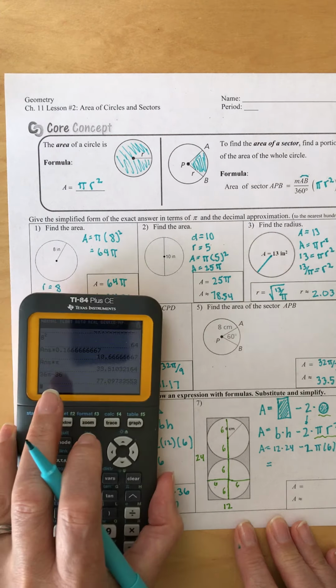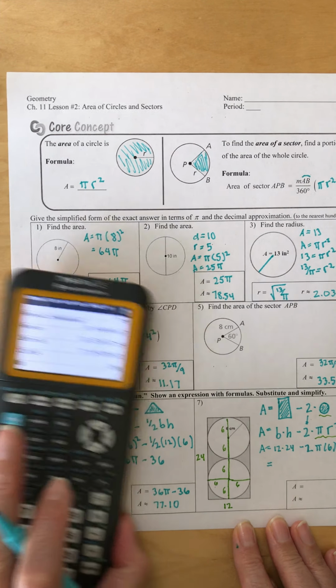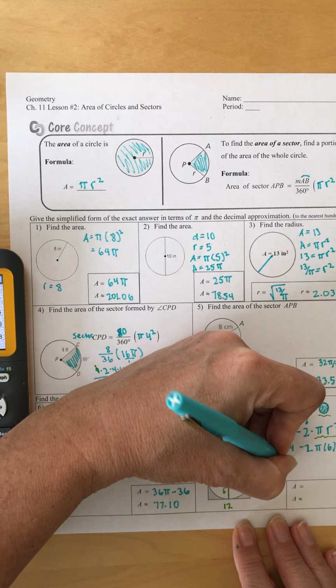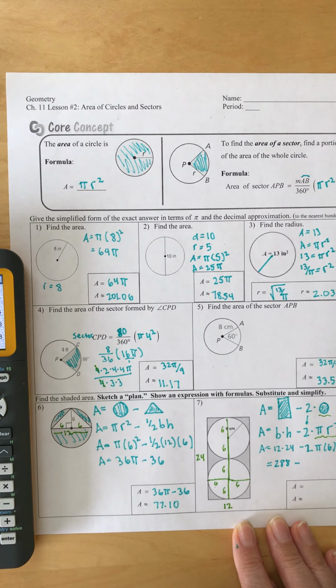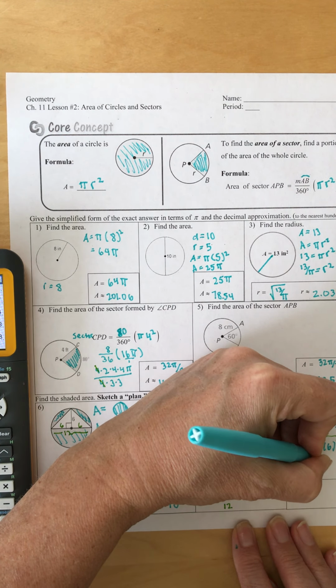So 12 times 24, I don't know that one off the top of my head, 288. 6 squared is 36, and times 2 is 72 pi.